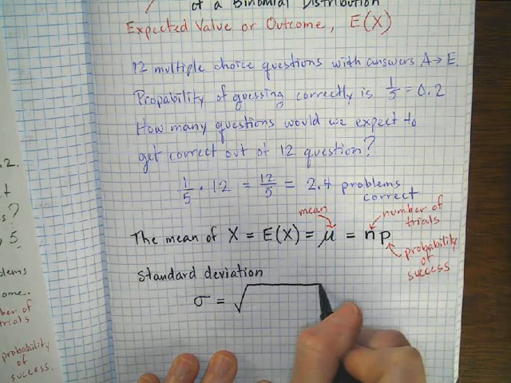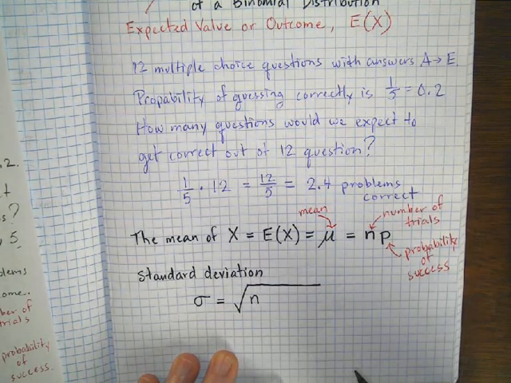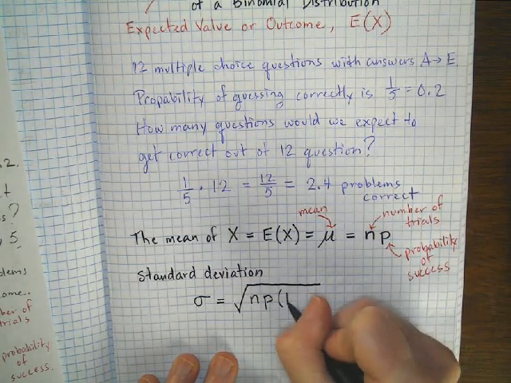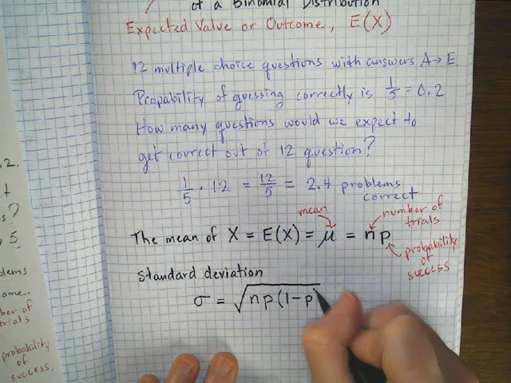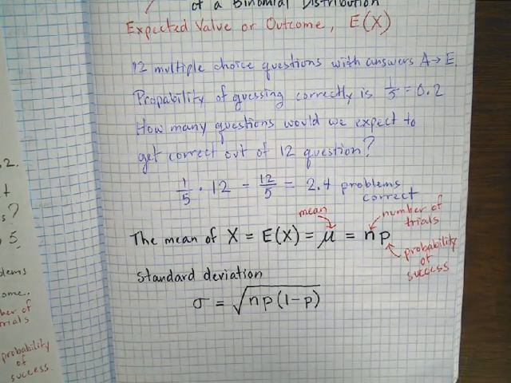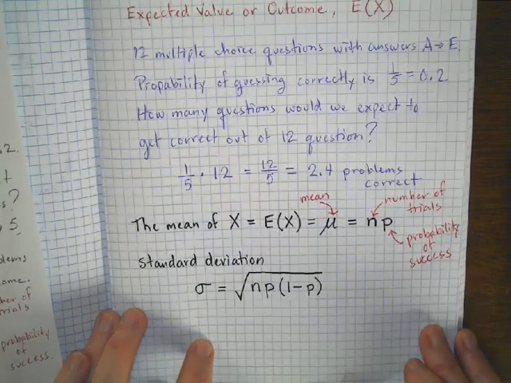If you have a binomial distribution, you can use this formula: the square root of the number of trials times the probability times 1 minus the probability. We're not going to worry about proving this formula for this course. We just need to be able to use it.